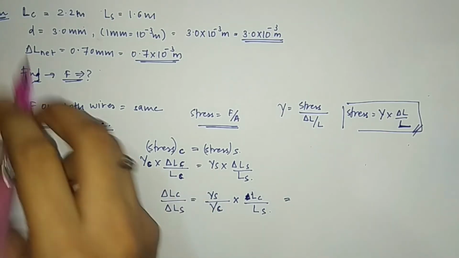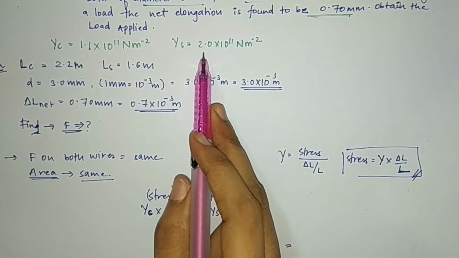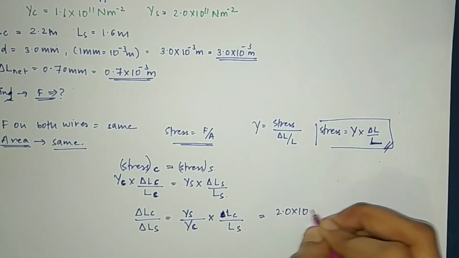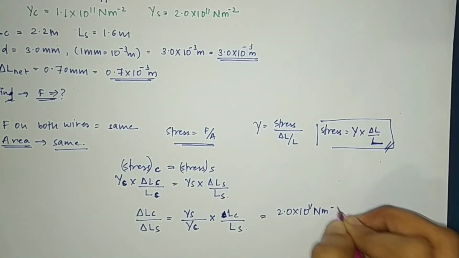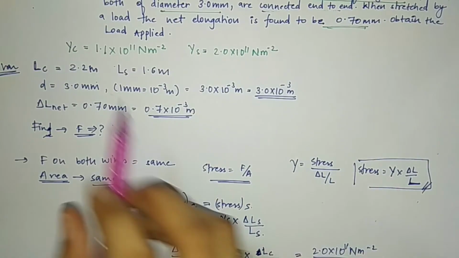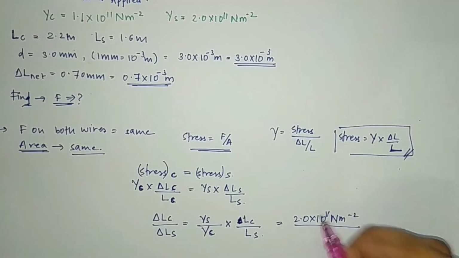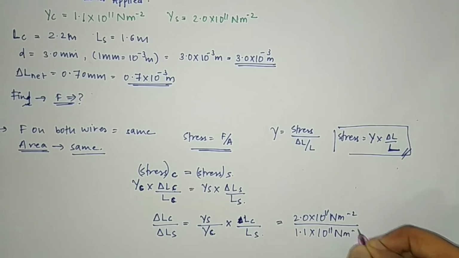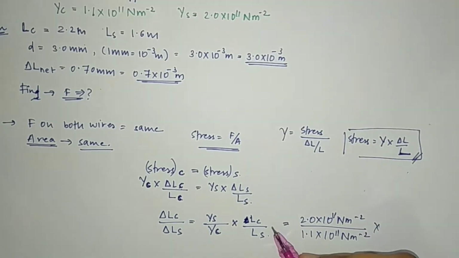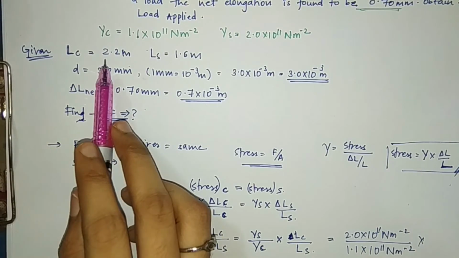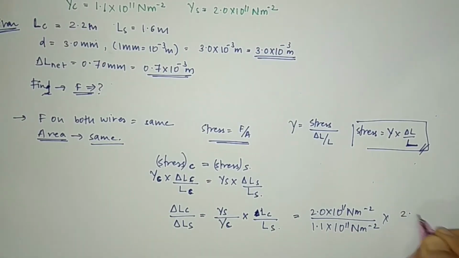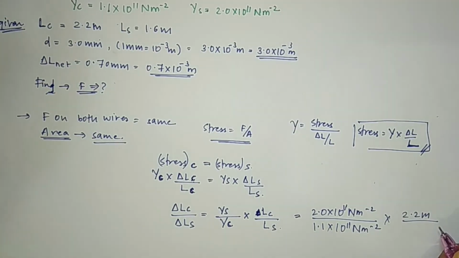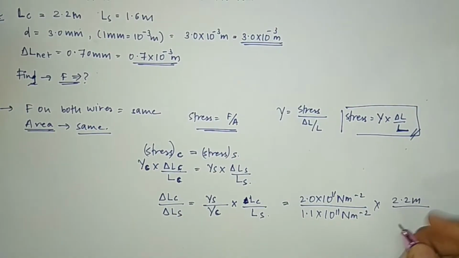What is Young's modulus of steel? It is 2.1 into 10 raised to 11 Newton per meter square, upon Young's modulus of copper, which is 1.1 times 10 raised to 11 Newton per meter square. Got it? Next is length of copper. We know length of copper is 2.2 meter, and the length of steel is 1.6 meter.